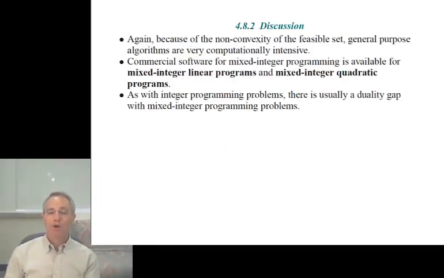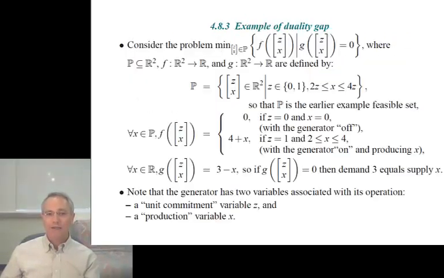But again, because of the non-convexity of the feasible set, general purpose algorithms are quite computationally intensive. There is commercial software for mixed integer programming, mixed integer linear programs, mixed integer quadratic programs, but as with integer programming problems, there is usually a duality gap, and this will have implications for prices.